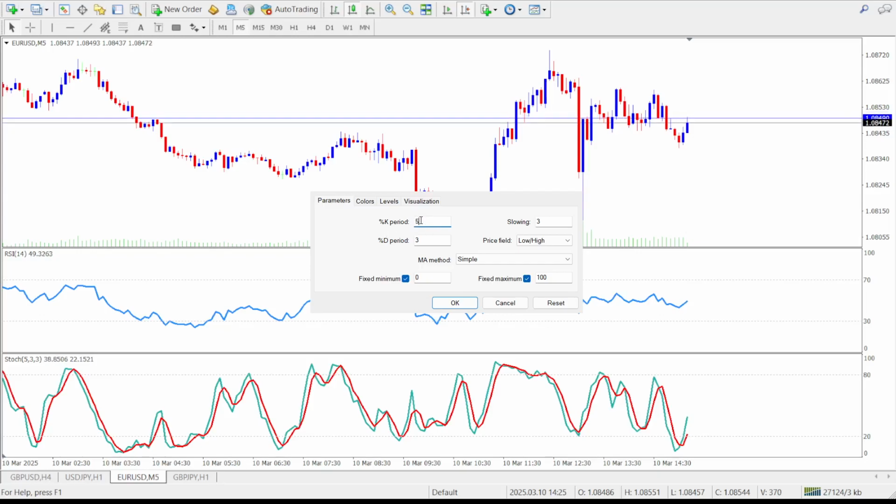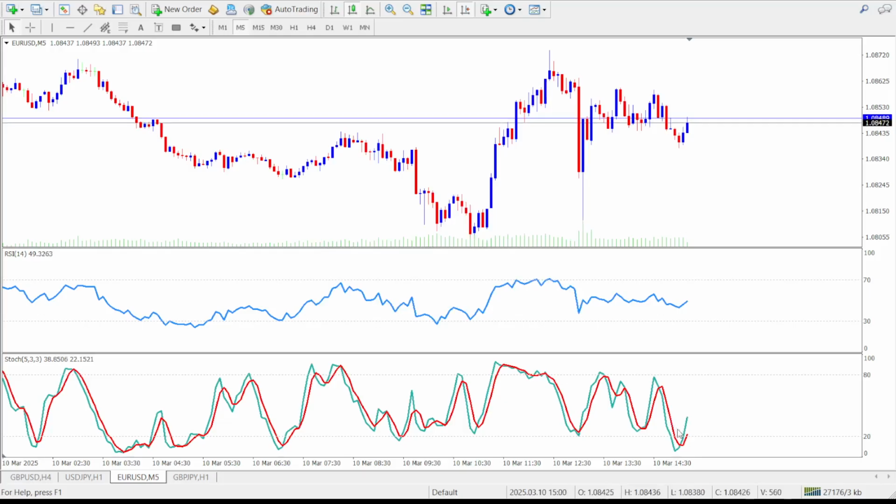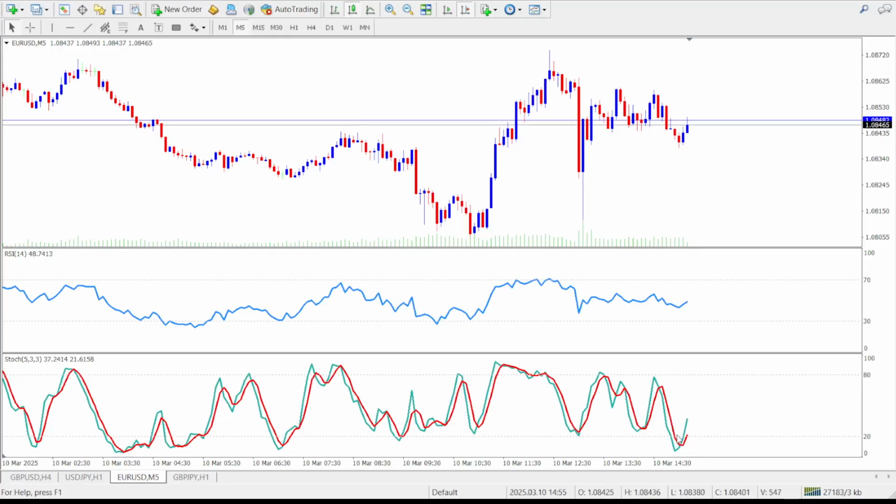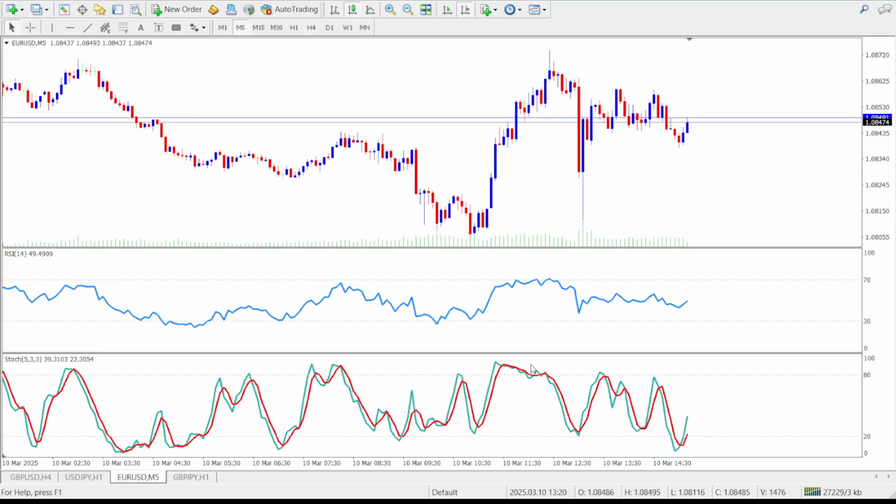The percentage K is the 5, the percentage D is the 3. So when the percentage K line crosses above the percentage D line below the 20 level, that's a potential buy signal. On the flip side, if the percentage K line crosses below the percentage D line above the 80 level, that could indicate a sell signal.